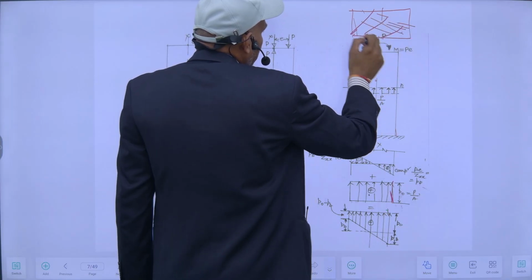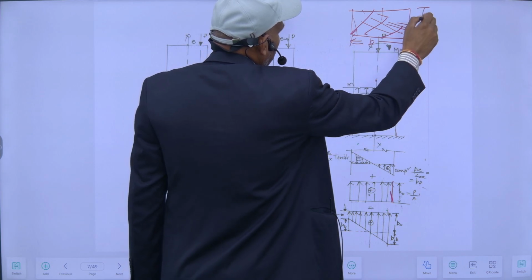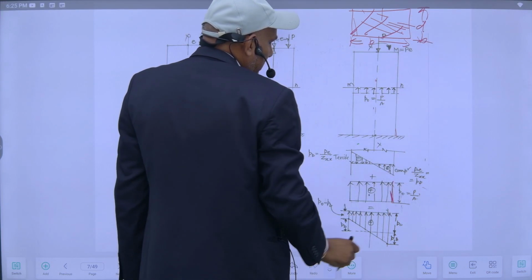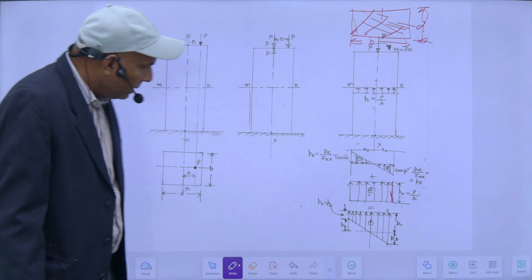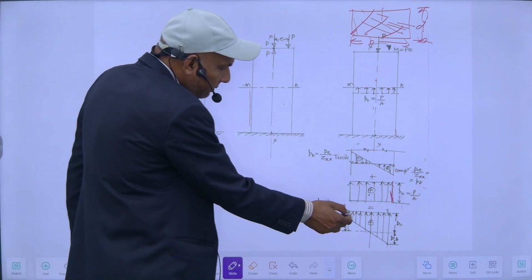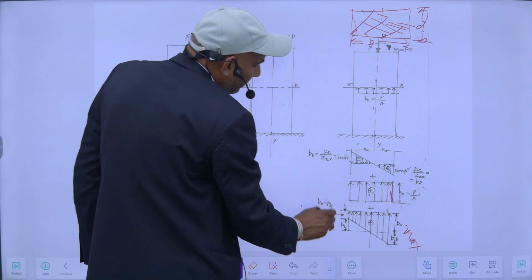This is B, this is D. On this face the maximum compressive stresses will be there, and here it will be minimum.